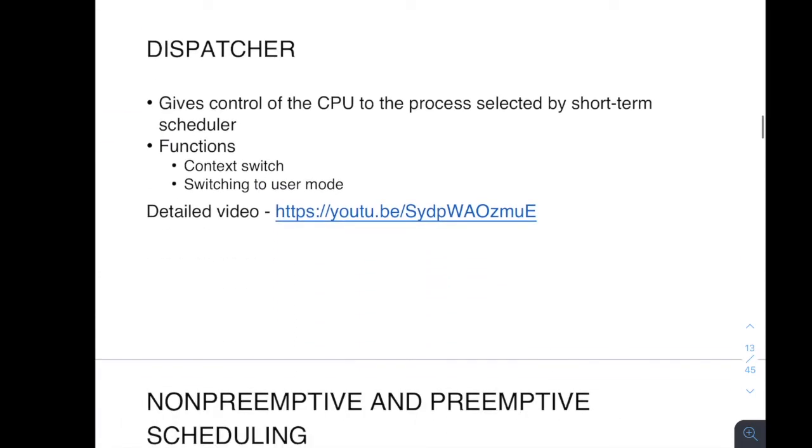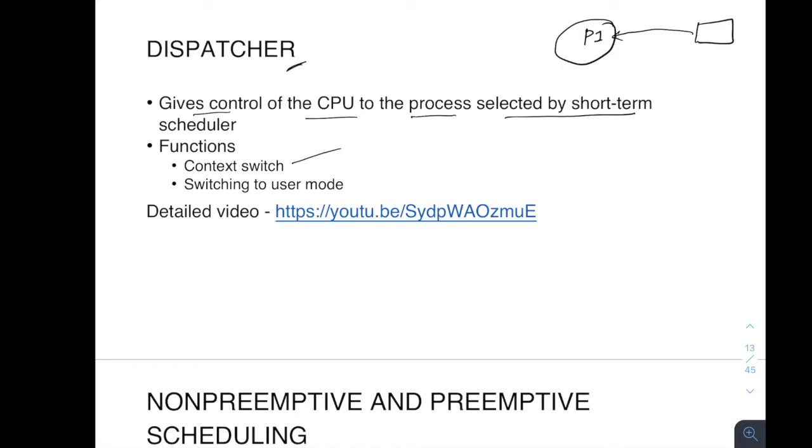Now what is dispatcher? Dispatcher and context switch are both related. The process scheduler has picked P1 for scheduling next on the CPU, but who will do this context switch? That's the role of the dispatcher. It gives control of the CPU to the process selected by the short-term scheduler. How?